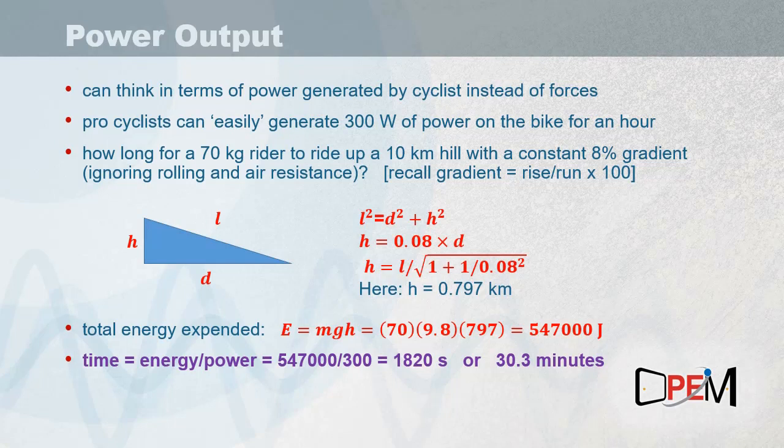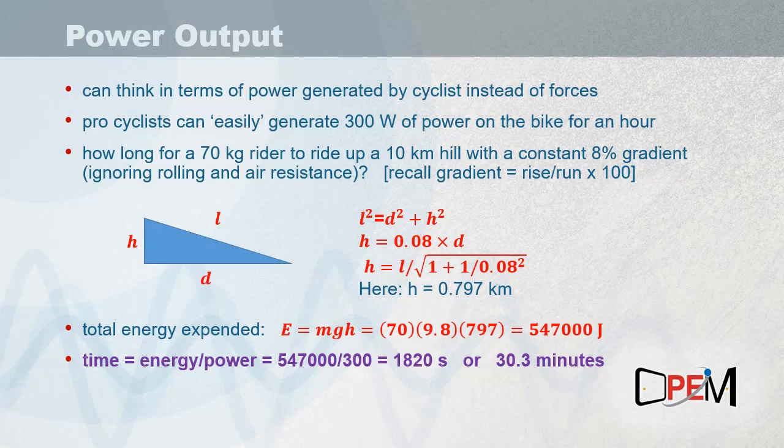Now, remembering that the change in gravitational potential energy goes like mass times acceleration owing to gravity times the height change, or mgh here, then this rider will need to expend E equals mgh.